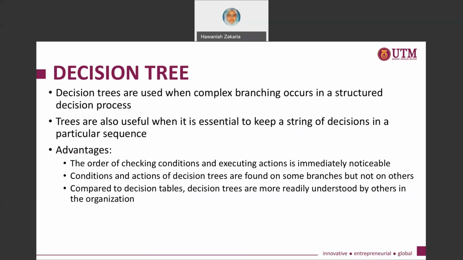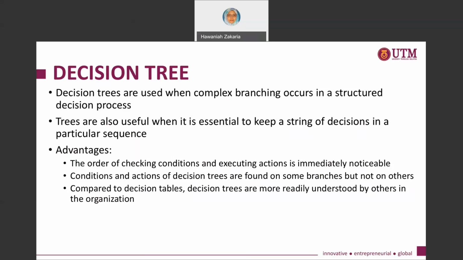If this is the situation, then present your process specification using a decision tree rather than using structured English or a decision table. So, advantages: the order of checking conditions and executing actions is immediately noticeable because this is a diagram. You can easily understand diagrams.